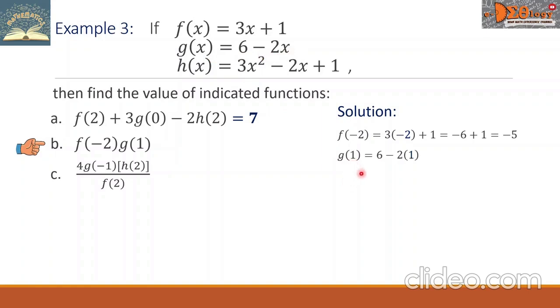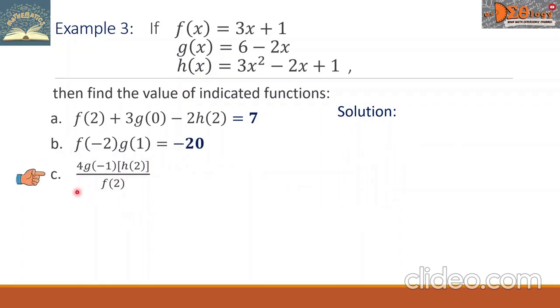So g of 1 becomes 6 minus 2 times 1. 2 times 1 is 2. So 6 minus 2 equals 4. For problem B, we substitute the values. So we have f of negative 2 is negative 5 times g of 1, which is 4. So negative 5 times 4 is negative 20. So we write the answer opposite problem B.